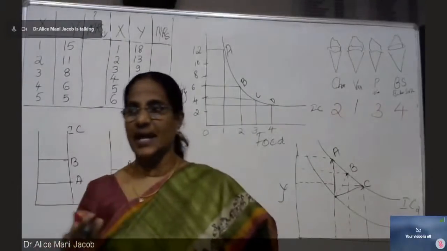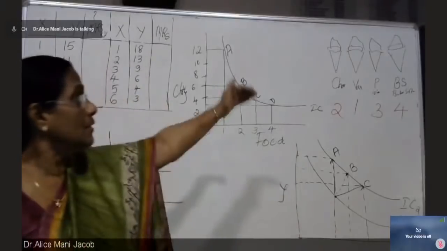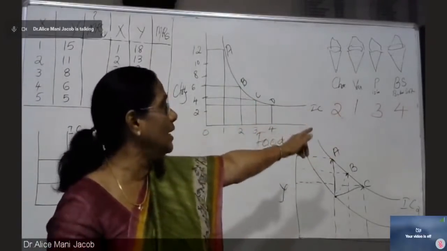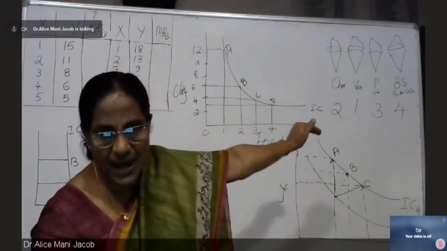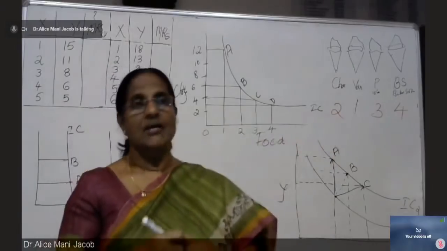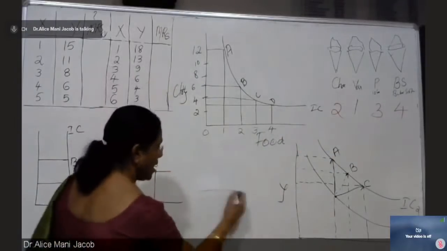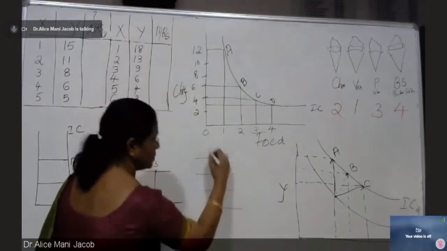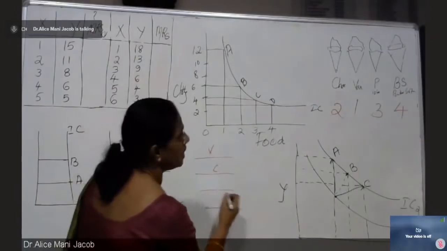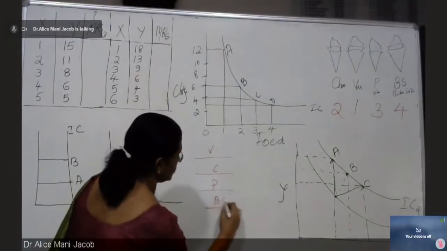The most preferred ice cream for me is vanilla. The second preferred ice cream is chocolate. So I order, okay, the first is vanilla, second is chocolate, third is pista, and the fourth is butterscotch.